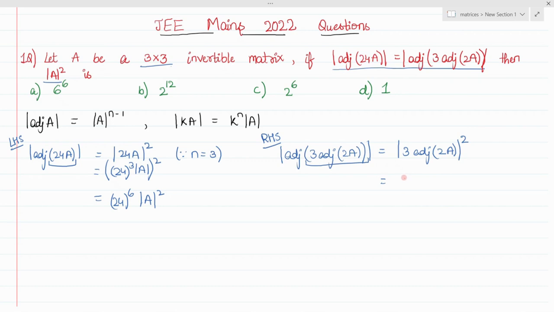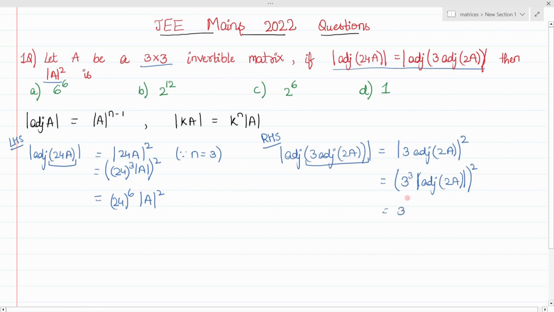And now you can use the second property, that is 3 cube into determinant of adjoint 2A whole square. Now, multiplying this square for this, it becomes 3 power 6 and again determinant of adjoint 2A.